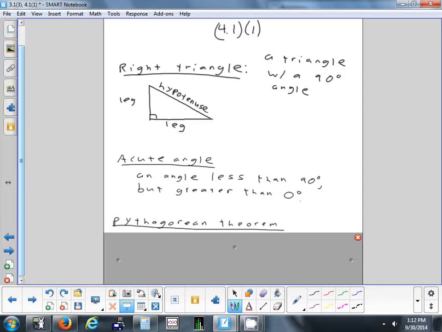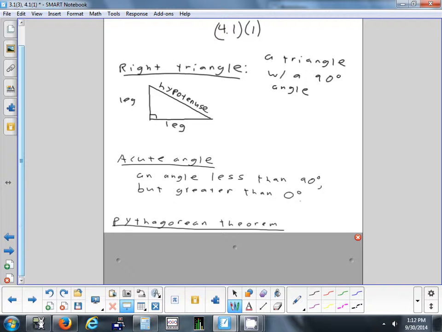Yep, Ashley? You take the legs and you square them and then multiply them by each other to get to the hypotenuse. You square the legs and you do what with them? Multiply them. Oh, no, add them. Add them, yeah, to get the hypotenuse. So you square one leg, you square the other leg, then you add them together, and that equals the hypotenuse squared.